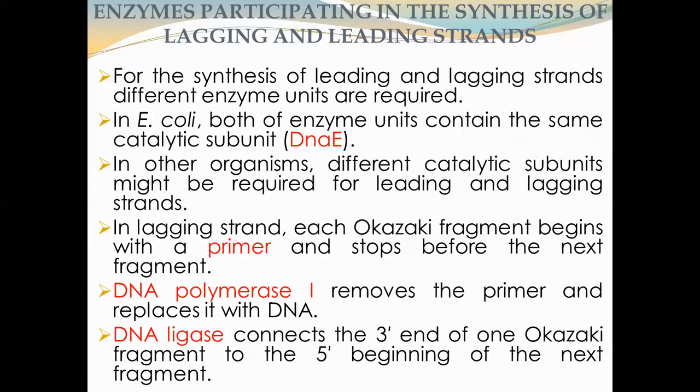Due to this behavior of the DNA polymerase enzyme, the direction of synthesis of leading and lagging DNA strands differs from the direction of movement of the replication fork. In this process, different enzymatic complexes participate.